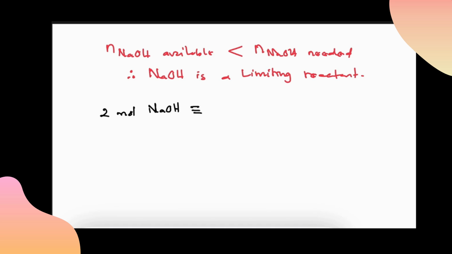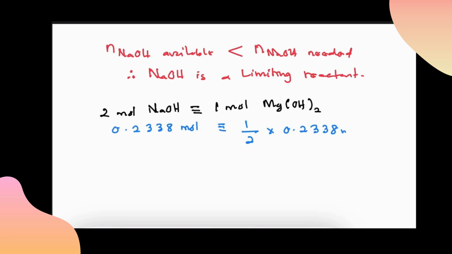is equivalent to 1 mole magnesium hydroxide. So we need to use the number of mole sodium hydroxide available, which is 0.2338 mole. So 1/2 times that, so it will become the number of mole of magnesium hydroxide.